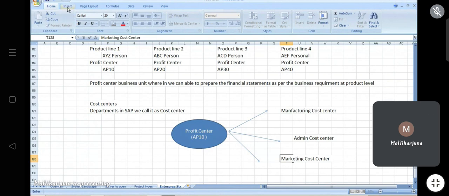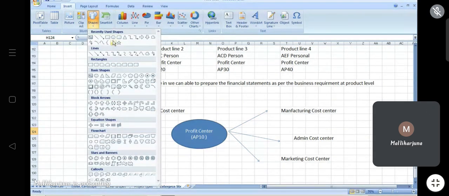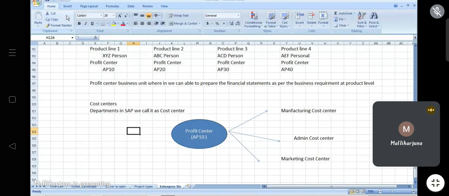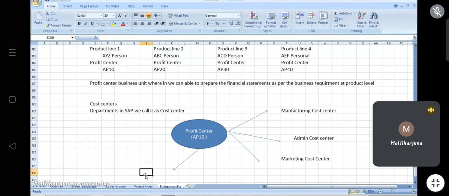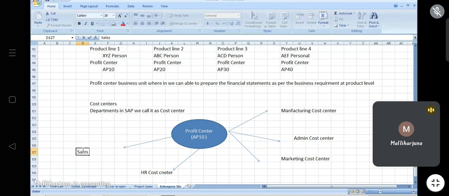So then HR department or HR cost center, or logistics department, or sales department, sales cost center.